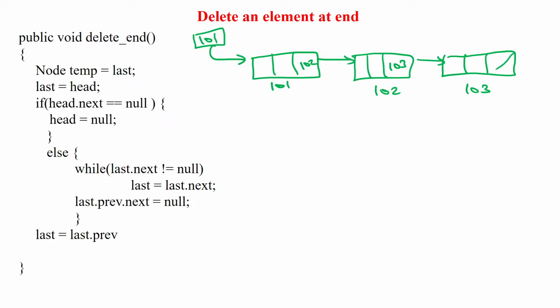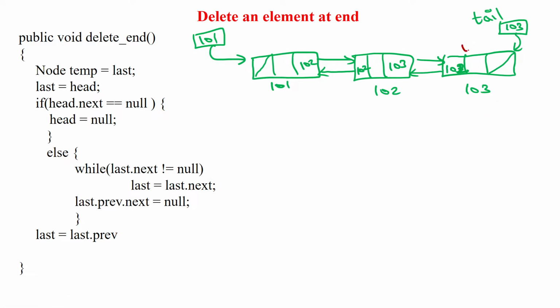Then the next field of 103 is null because this is the tail node. So the tail pointer is denoting 103. Now the previous field of the head node is also null. Then the previous field of the second node is the first node address 101. The previous field of the third node is the address of the second node, 102.